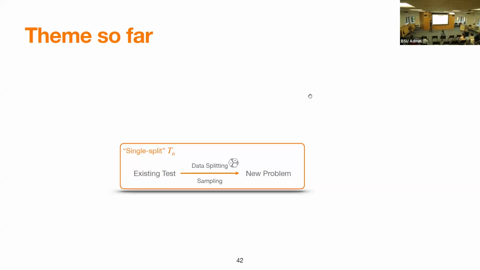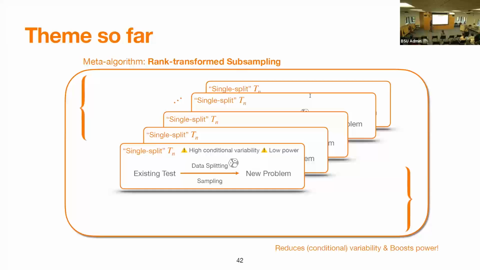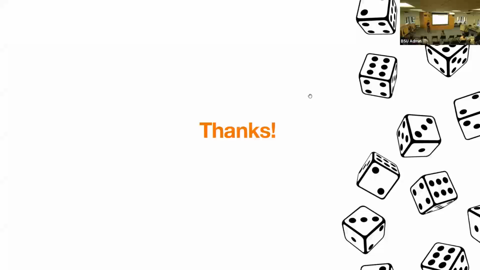But the downside is that it introduces extra randomness that causes replicability issues and lowers the power. So our procedure acts like a meta algorithm that can properly aggregate multiple realizations, which delivers lower variability and also improves the power. Okay, with that, I would like to thank you very much.